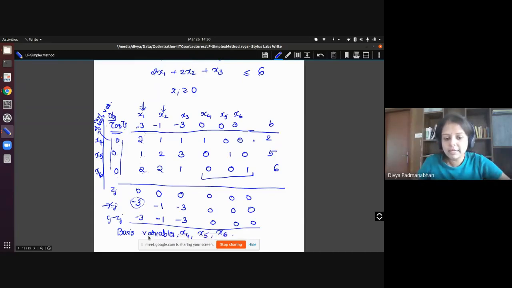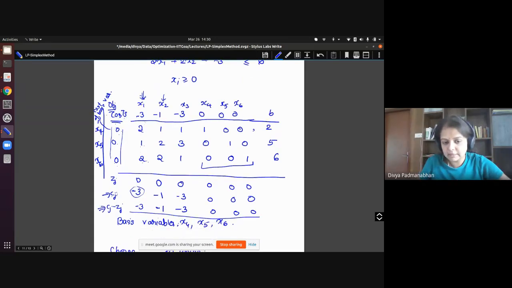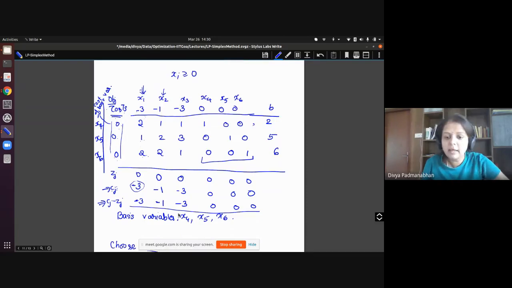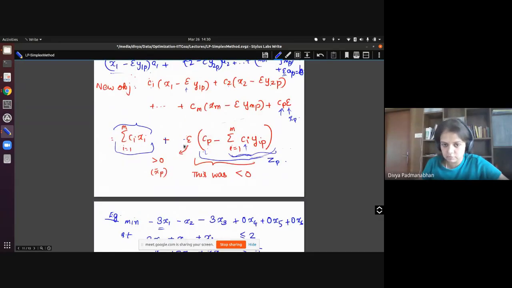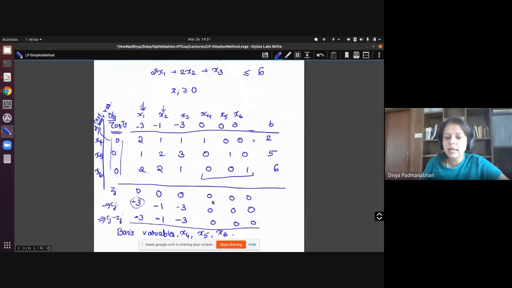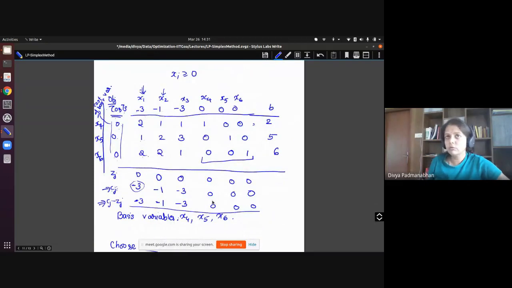So now if you look at this entry, Cj minus Zj, there are 3 values which are negative, right? If you choose any of them, there will be an improvement in the objective, because that's what this told you. So we are very greedy in choosing the entering variables. We want maximum improvement each time.